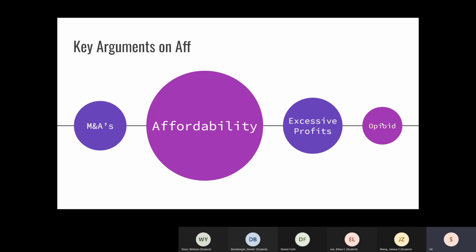If they're saying they can solve this opioid crisis and this mergers and acquisitions crisis through price controls, they're basically saying that they can decrease these excessive profits and thereby decrease the other stuff. And of course, that could also mean that they would decrease innovation as well, right? So it kind of concedes the link into there.